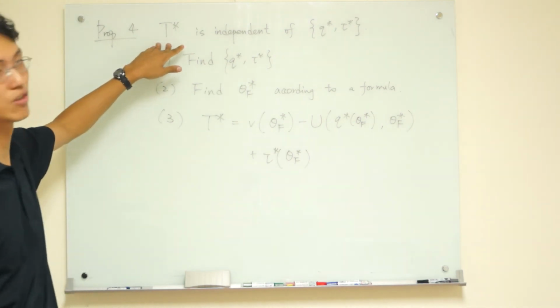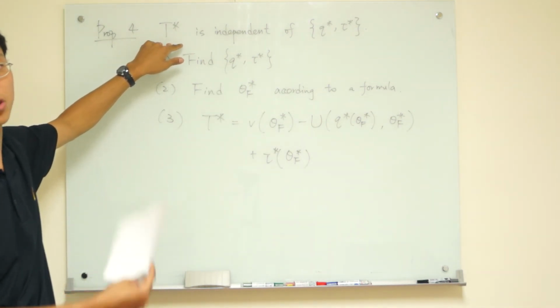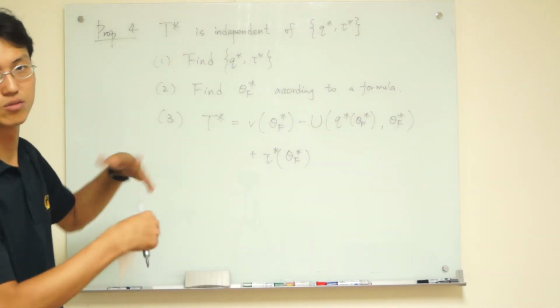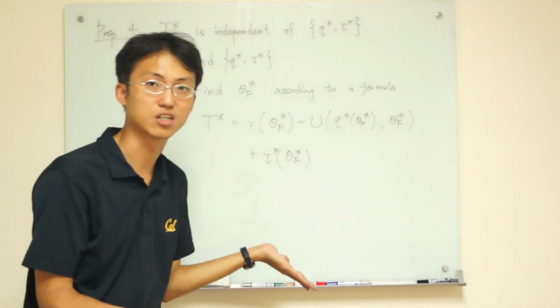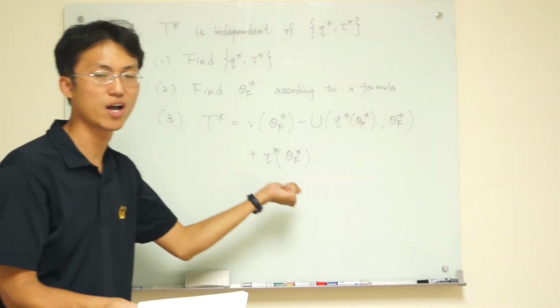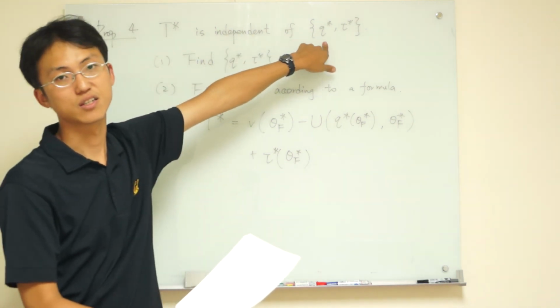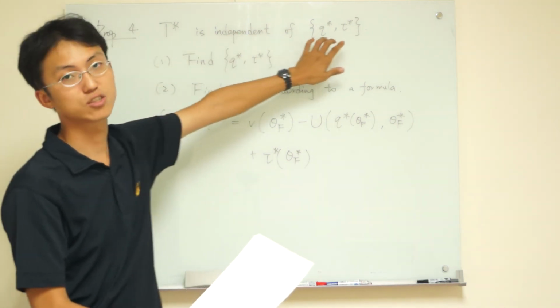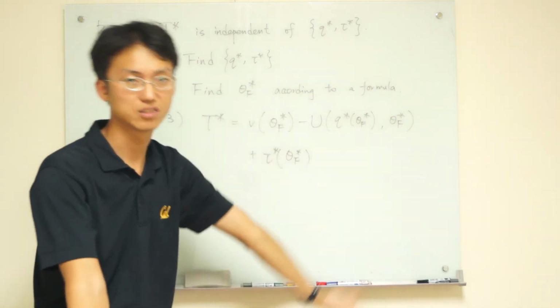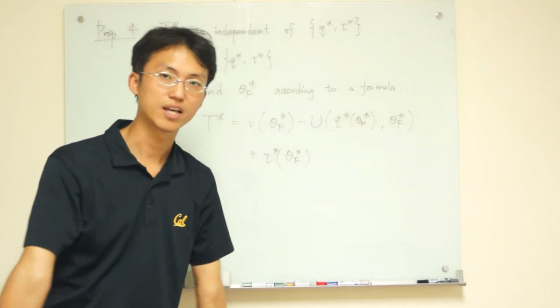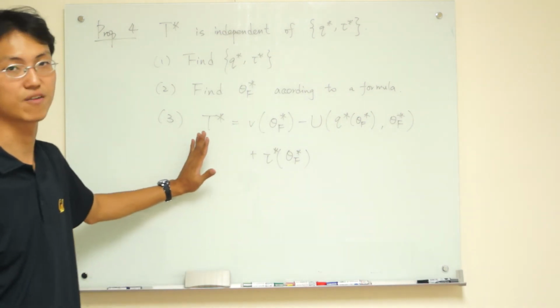So when we take a first-order derivative with respect to Q, T star will disappear, and that's why eventually you can see that in the optimal plan, these two parts are independent. That somehow explains why we have this.